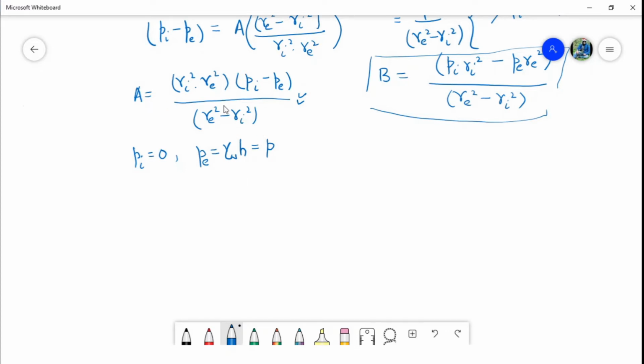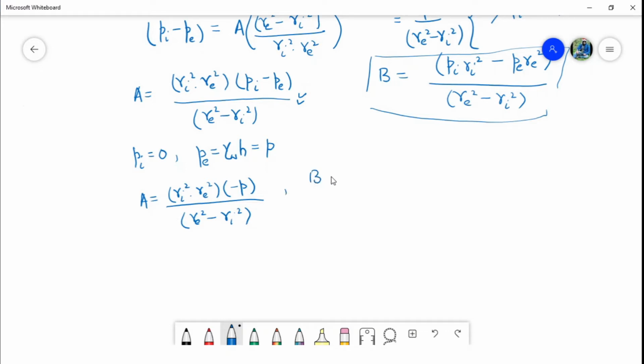So now simplifying A and B, we get A will be equal to Ri square Re square, and since Pi is 0, this will be minus P over Re square minus Ri square.